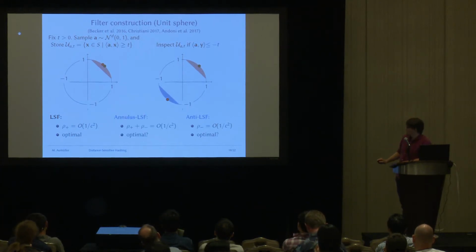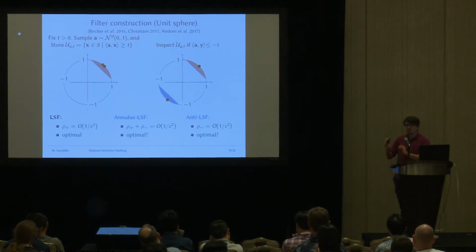The annulus LSF is combining those two. So we get a 1 over c squared here, which in the original Hamming space, because of the square root, would be a 1 over c. So this is the answer. You can also do it in n to the 1 over c in Hamming space. Okay, are those constructions optimal? We really don't know with regard to this part.